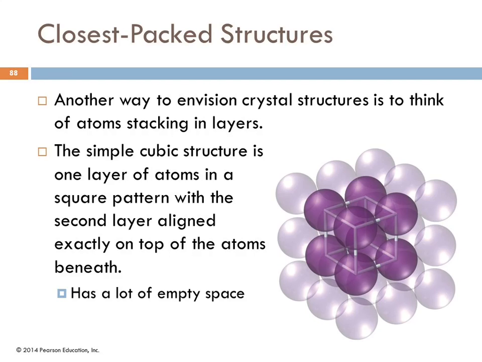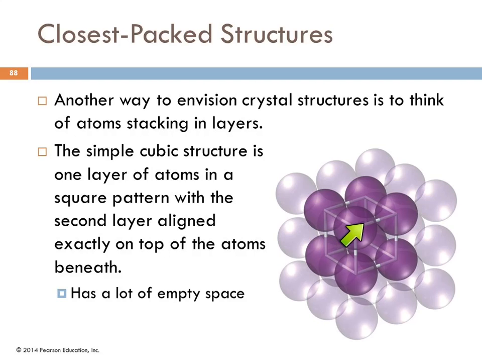Another way that we can envision crystal structures is to look at the layers. So this would be a layer here, and here's another layer, and another layer. The simple cubic structure is one layer of atoms in a square pattern with the second layer lined up right on top of it.